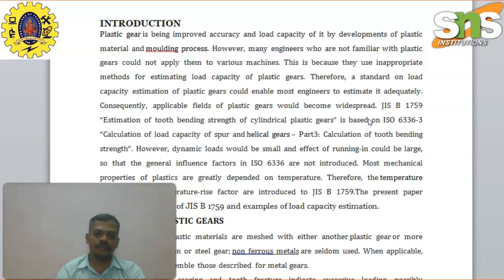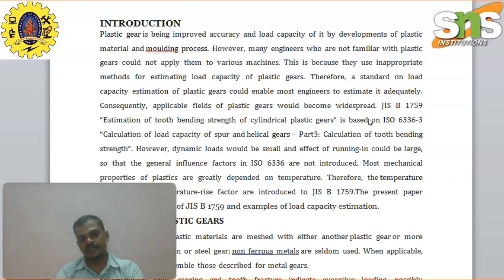JIS B 1759 is the estimation of bending strength of cylindrical plastic gears based on ISO 6336, the calculation of load capacity of spur and helical gears.